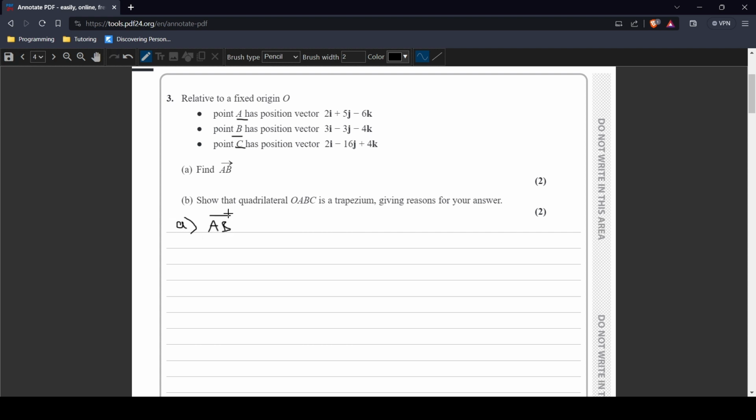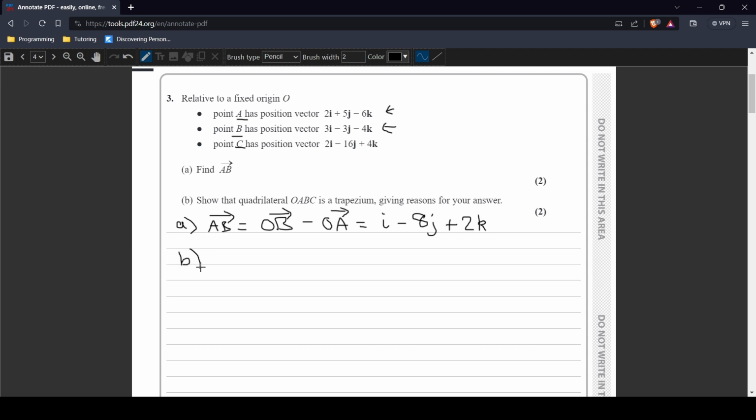So AB will be the position vector of B minus the position vector of A. So doing the second one minus the first one, we get 3i minus 2i, which is i, minus 3j minus 5j, so minus 8j, and then minus 4k minus negative 6k, which is plus 2k.